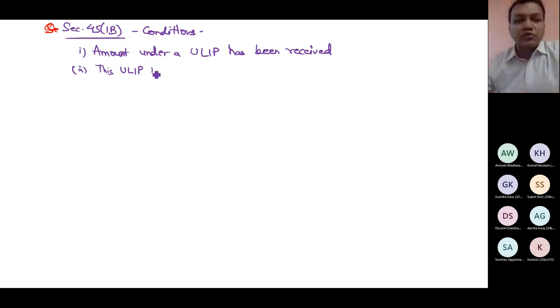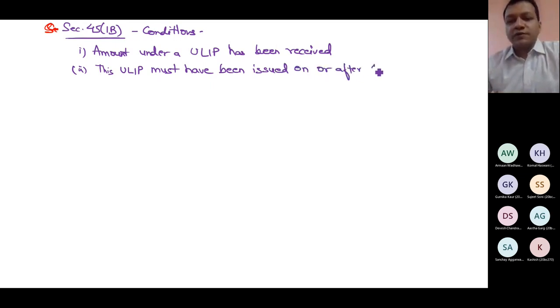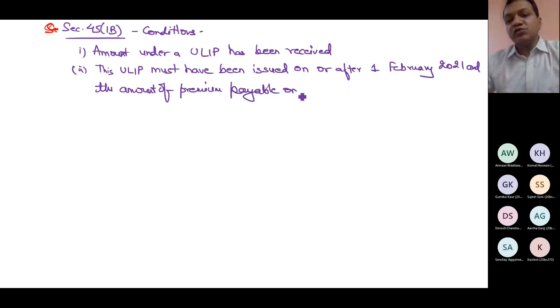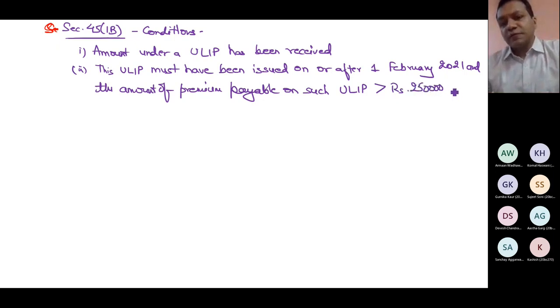So this ULIP must have been issued on or after 1st Feb 2021, and also the amount of premium payable on such ULIP exceeds 2,50,000 during any financial year.